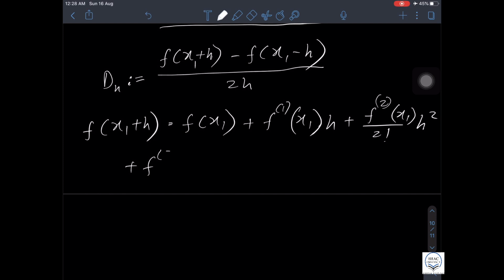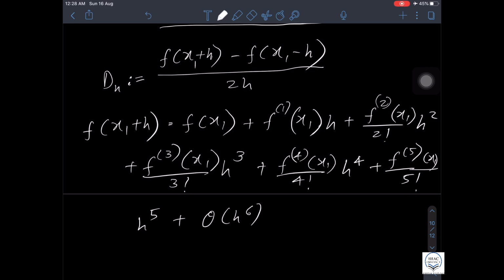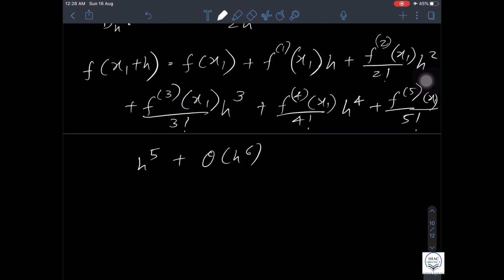So f3 of x1 by 3 factorial h cube plus f4 of x1 by 4 factorial into h to the power 4 plus f5 of x1 divided by 5 factorial into h to the power 5 plus order h6. I wrote up to 6 terms because you will see that this is important.